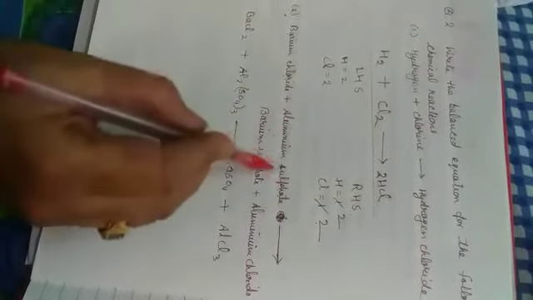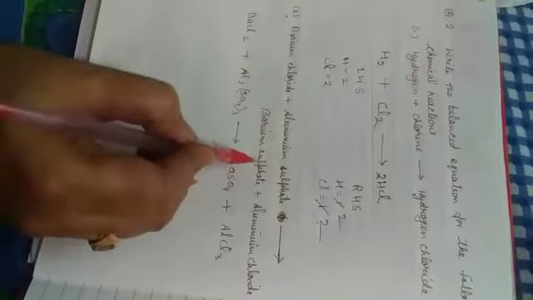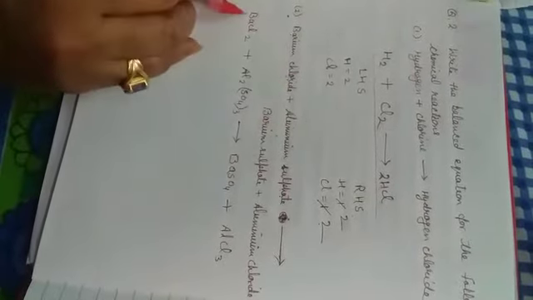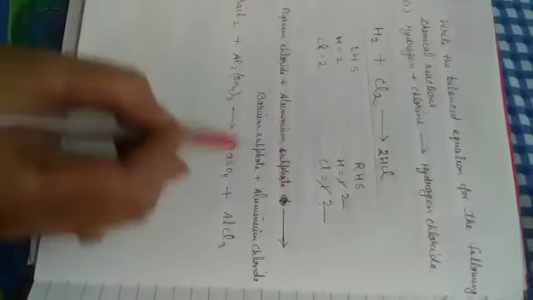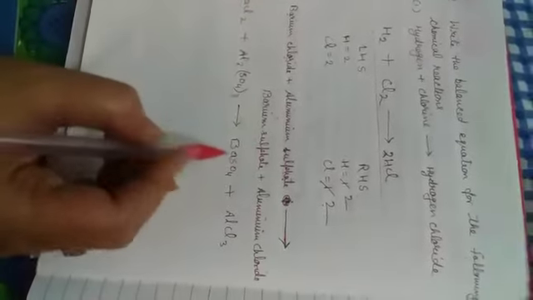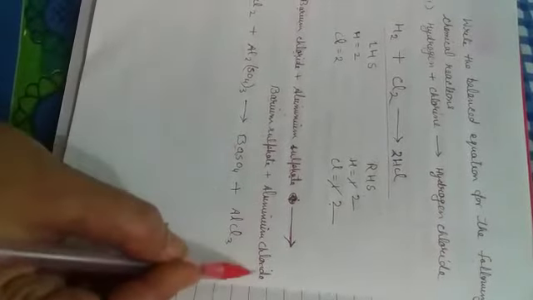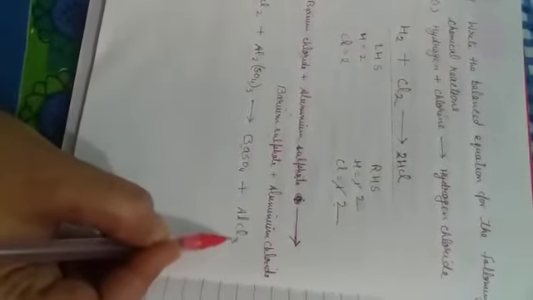So we'll see how it is a double displacement reaction. For barium chloride we have to write BaCl2. Aluminium sulfate we have to write Al2(SO4)3, and product barium sulfate we have to write BaSO4, and aluminium chloride we have to write AlCl3.